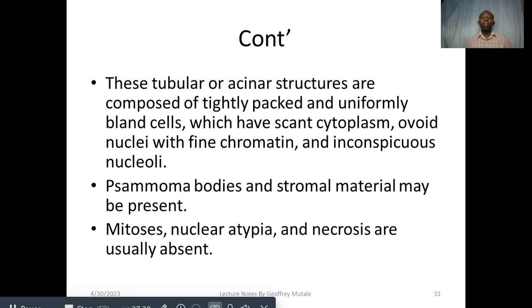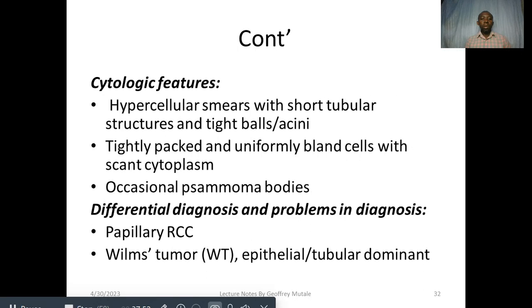These tubular or acinar structures are composed of tightly packed and uniformly bland cells which have scant cytoplasm, ovoid nuclei with fine chromatin, and inconspicuous nucleoli. Psammoma bodies and stromal materials may be present. Mitosis, nuclear atypia, and necrosis are usually absent in these cases.